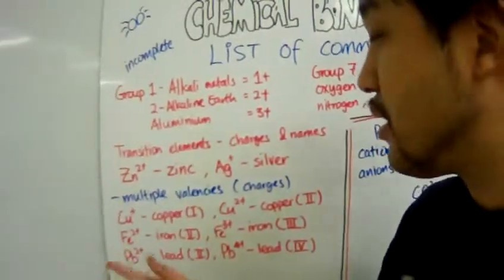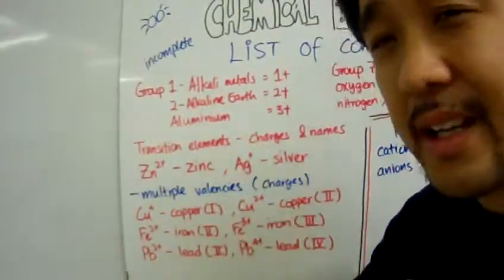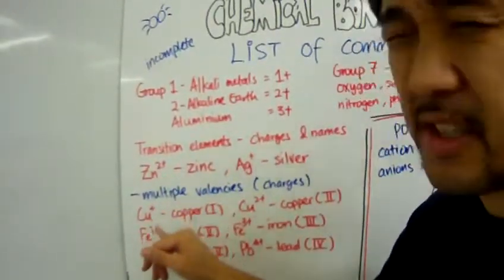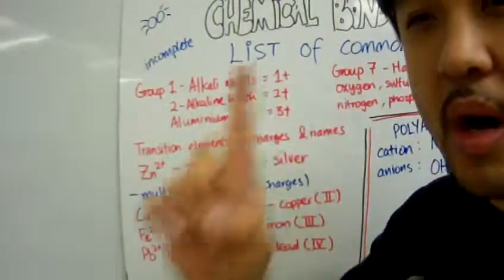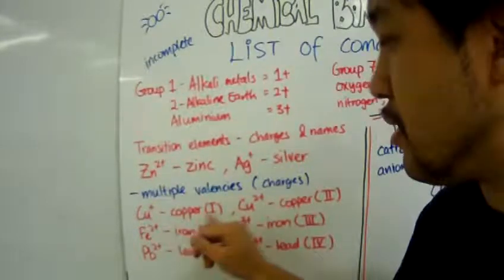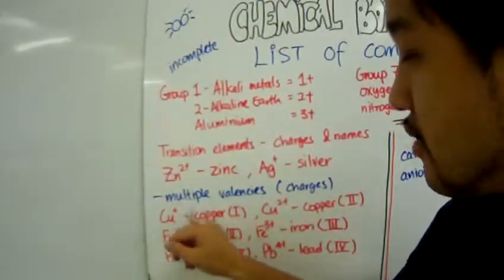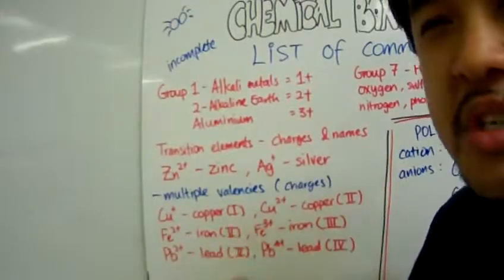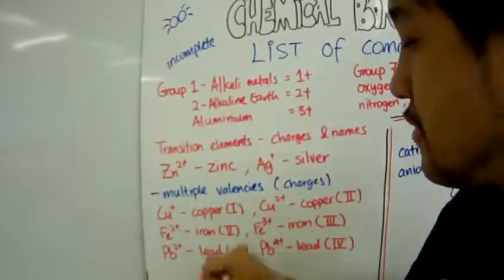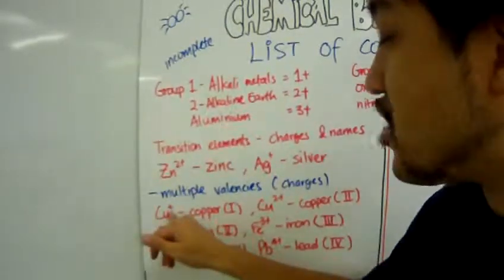And here we go. Common ones that you will encounter will be copper 1+. Copper 1+ has a charge of 1, so the name of it is copper Roman numeral 1. This Roman numeral indicates the oxidation state, a concept we'll talk about later, and it represents the charge.